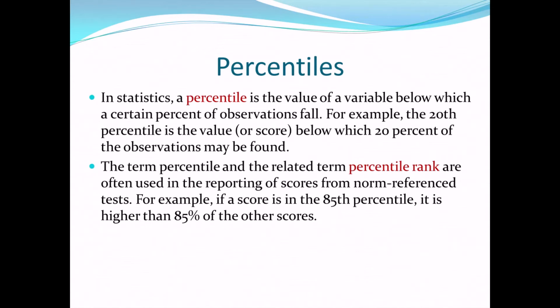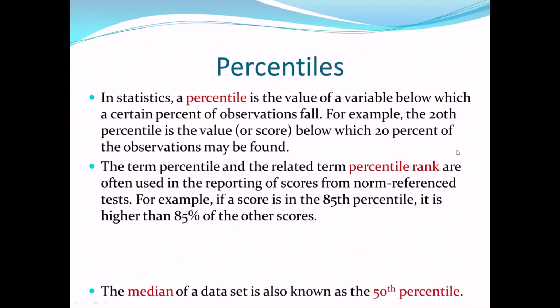It's not really that you're an A student. Well, maybe you are, but that score doesn't indicate an A. It just ranks you relative to everybody else. If you are in the 99th percentile, that means just about everybody scored worse than you. Here, it's 85th percentile. 85% of the scores that were earned were below yours and 15% above.